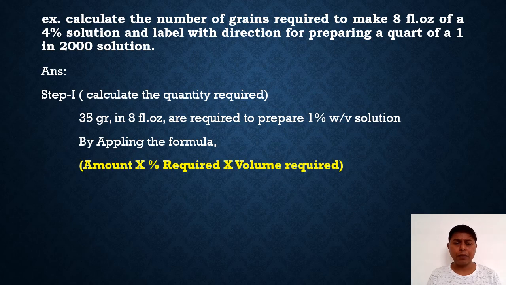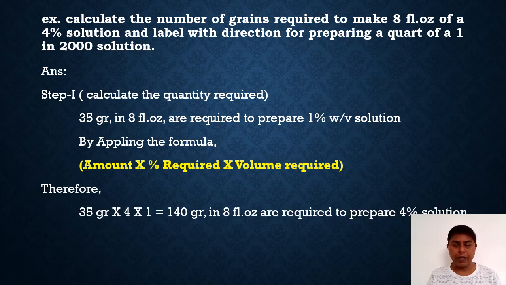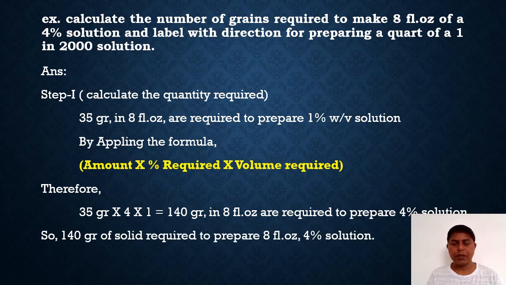By applying the formula amount into percent required into volume required, we get 35 grain into 4 into 1, which means 140 grain in 8 fluid ounce is required to get a 4% solution. Therefore, 140 grain of solid is to be added into 8 fluid ounce of solution to get a 4% solution.